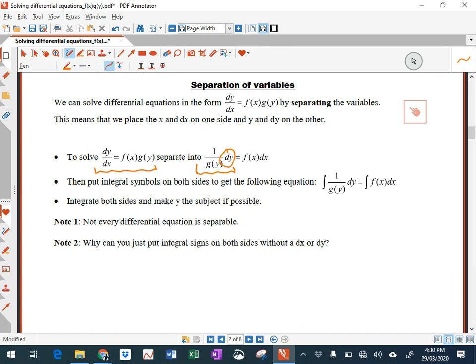Well, you just stick an integral on both sides of the equation, and then you integrate both sides, and you try and make y the subject at the end if you can. Now, just be aware, not every differential equation is separable. And second is this to consider: why can you just whack an integral on both sides without considering the dx and dy? I'll show you why that can occur.